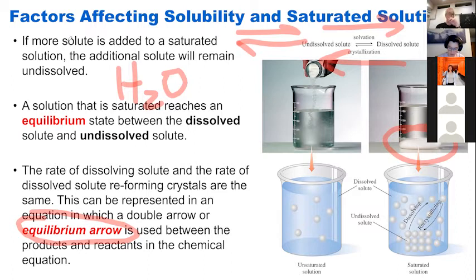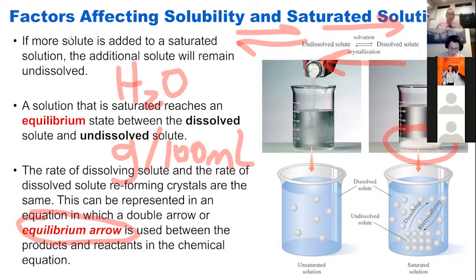And remember, the saturation point of every different solid is going to have a different solubility. Solubility is generally given in grams per 100 mL. That's the general way we define solubility. So every solid is going to be different, and it's going to depend on the temperature.